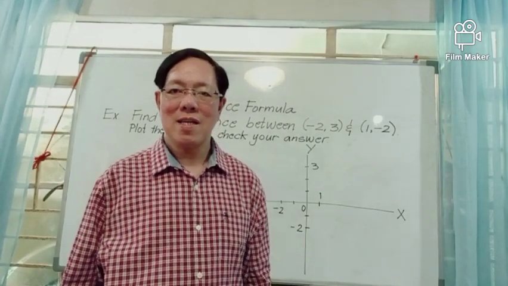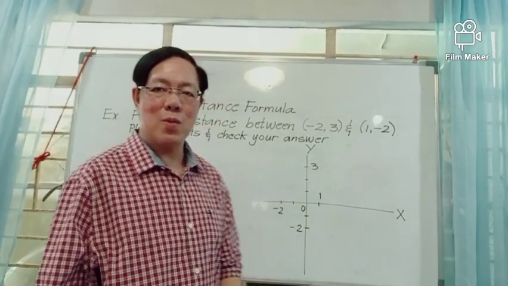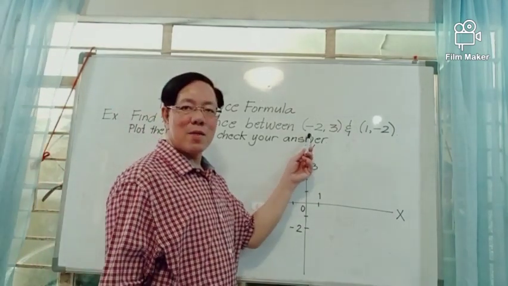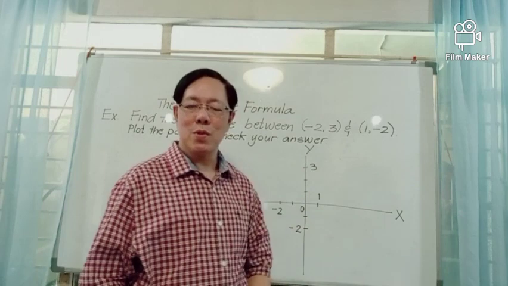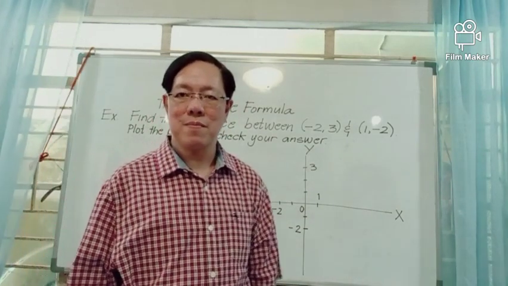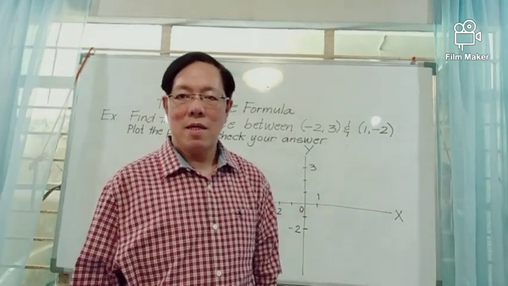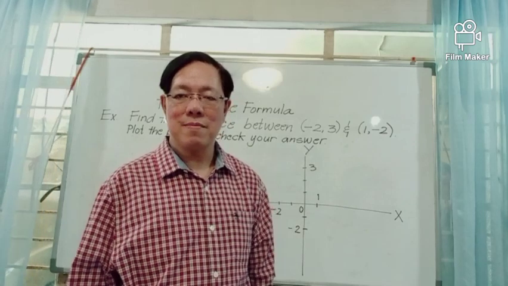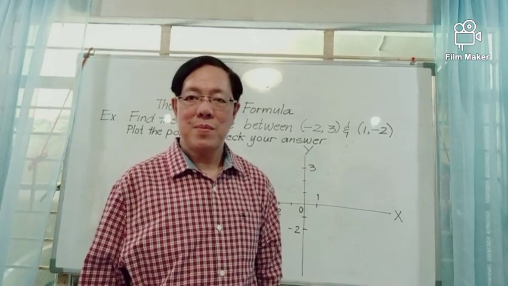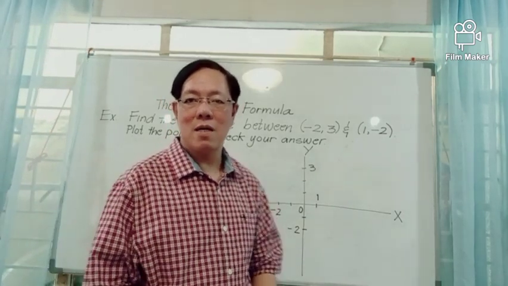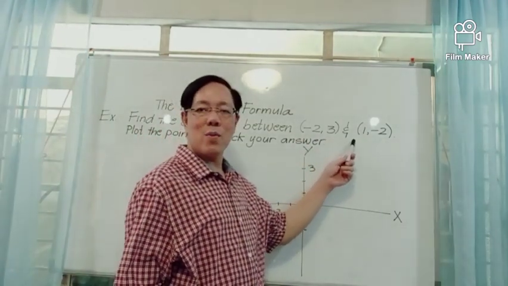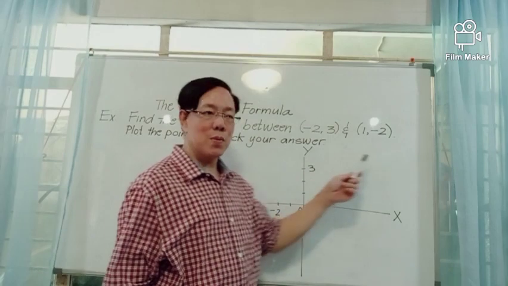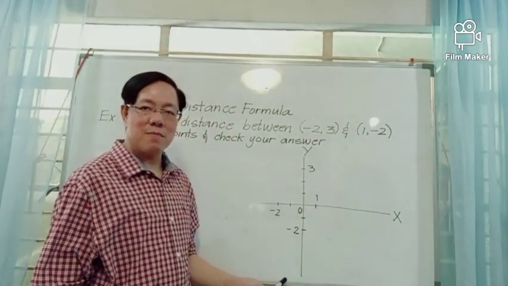Now we check if the distance we get between the points negative 2, 3 and 1, negative 2 using the distance formula is correct. And we check it by using a graph. First, we plot the 2 points given, negative 2, 3, and 1, negative 2 in the Cartesian plane.